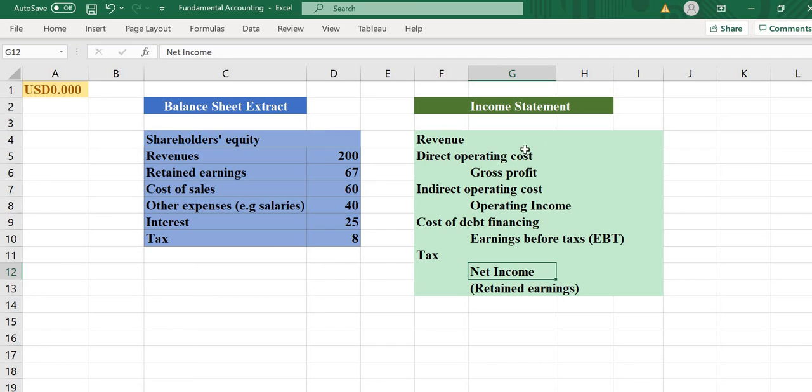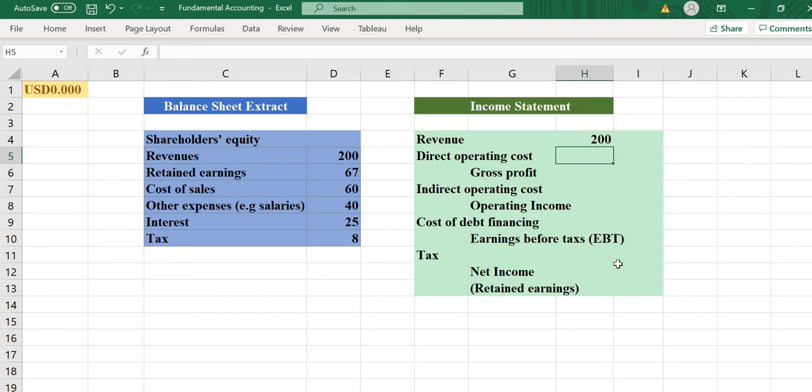So let's start. Here, very easy, we have the revenue equal to the revenue in the balance sheet. It's a part of shareholder equity, equal to 200.